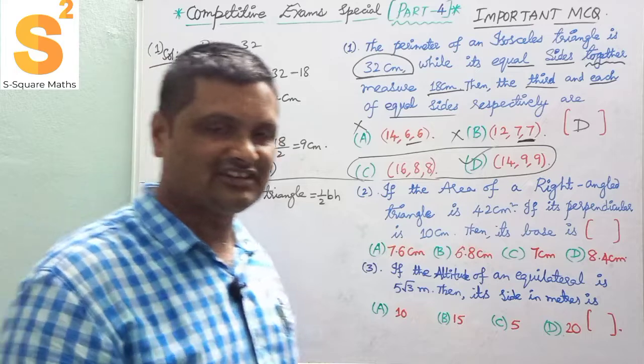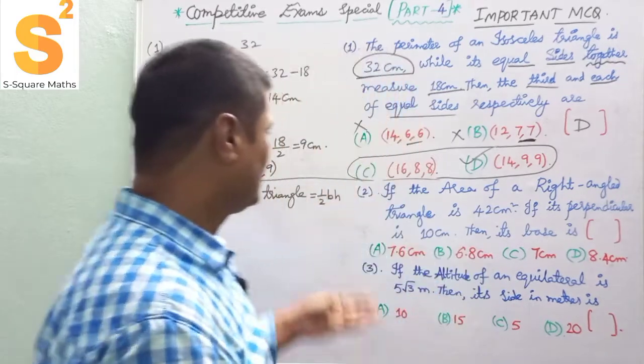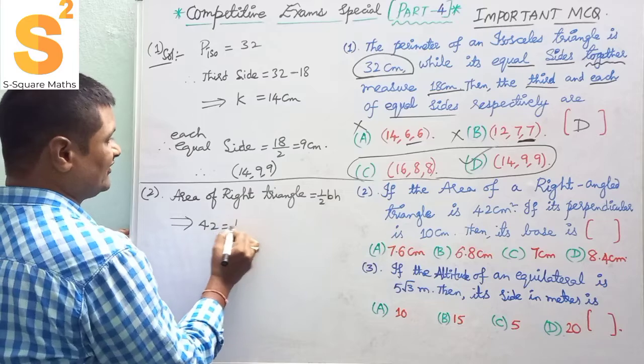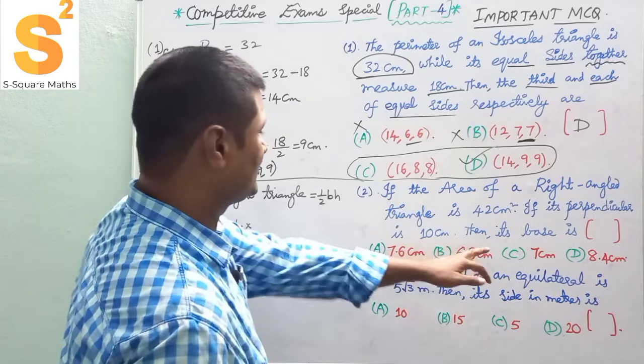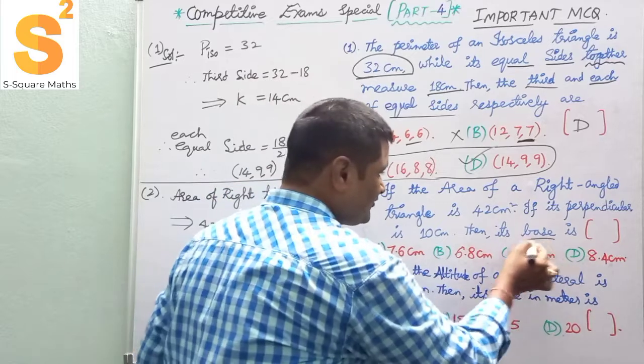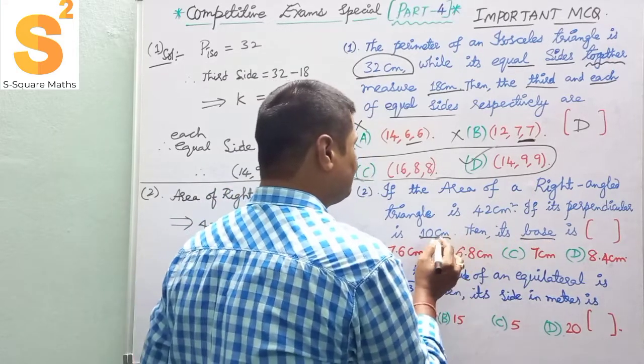This is a formula you obviously know very well. Now this implies 42 is equal to half into, if its perpendicular is given as 10, so we have to find its base. We have to find its base, perpendicular given 10.